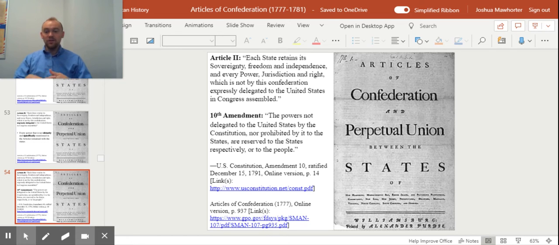So there's a difference. You may do what is only in the document, or you may do whatever you want as long as the document does not forbid it.